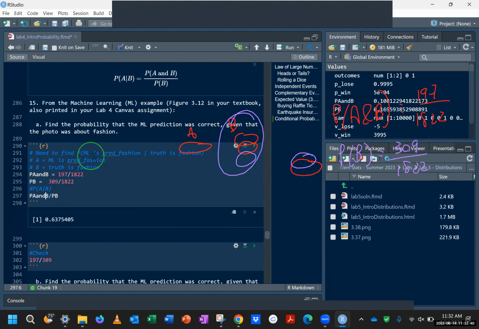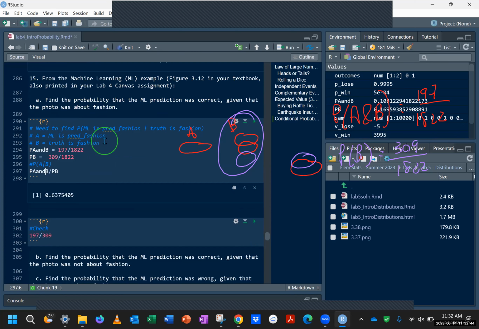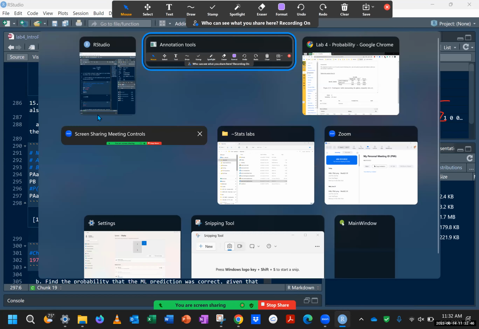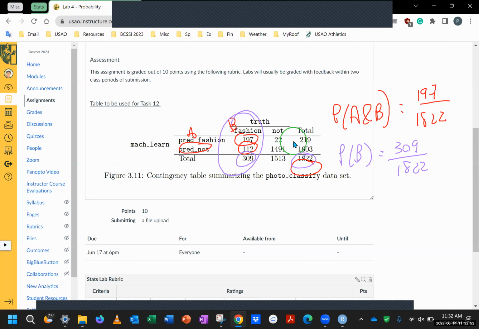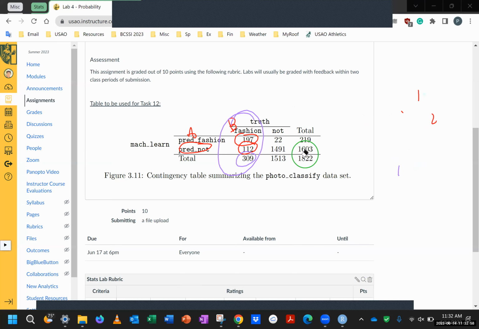Cool. So that's something that our formula tells us. But now we can also check it the way I did before. So what's the probability of A given B? Back to our table here. I'm going to find the probability of A given B. Well, given that B has occurred, we're only looking at these cases about fashion.